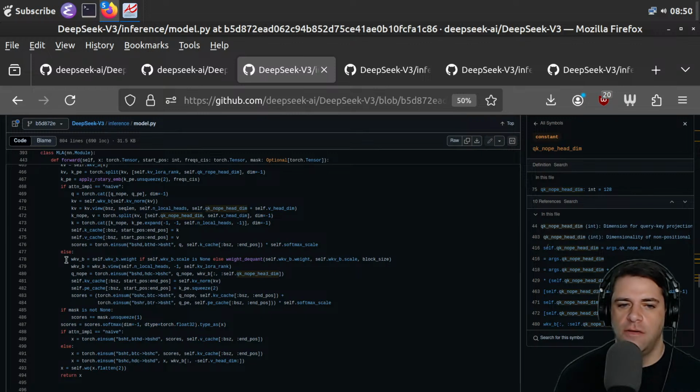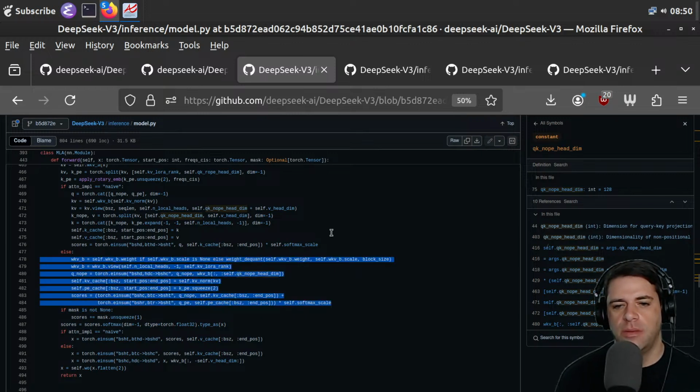Let's look at non-naive. We're going to compute WKVB, which I think should be a linear map operation. And it's equal to B dot weight if B scale is none. Otherwise, weight D quant. Actually, I think this might be something about the quantization stuff.